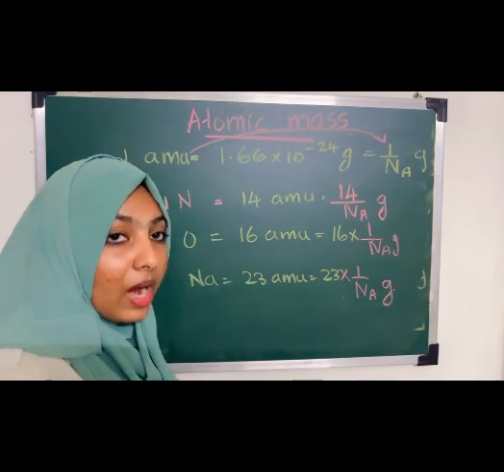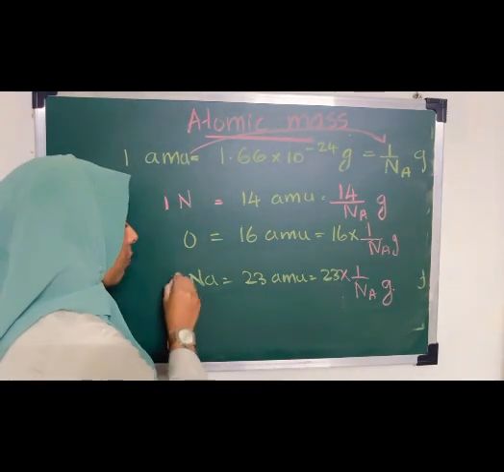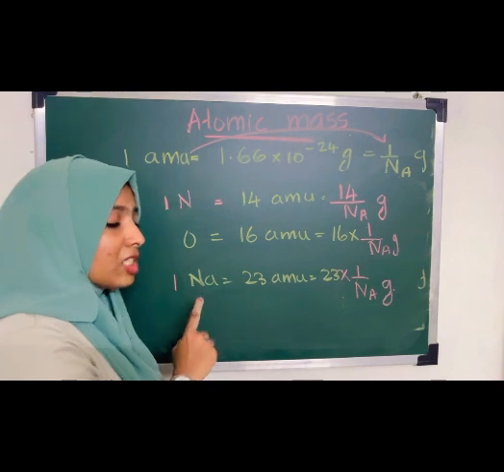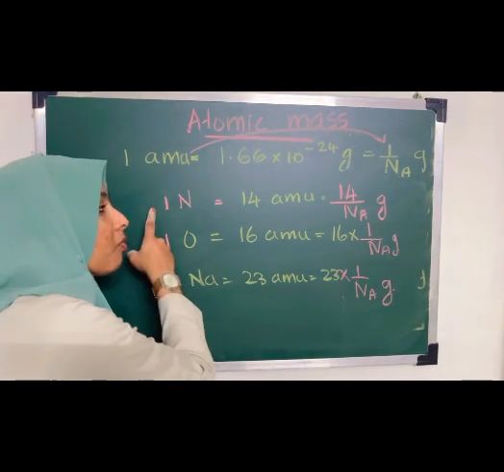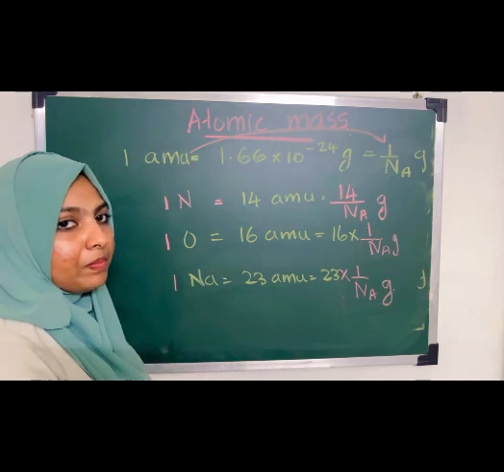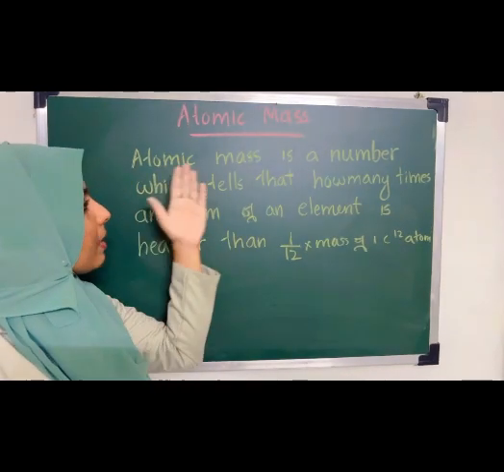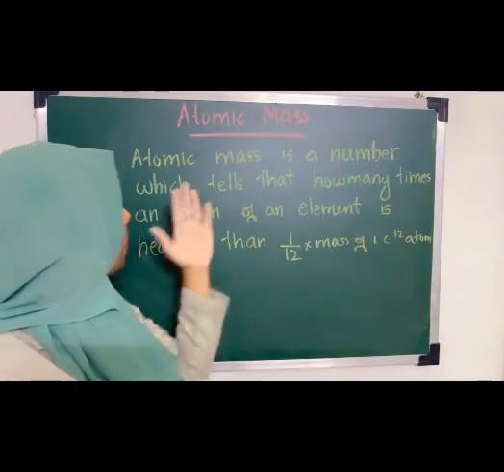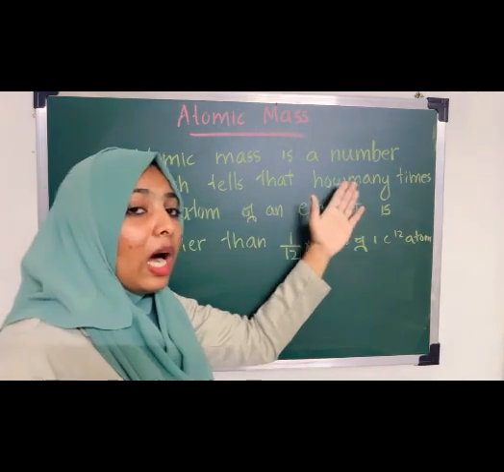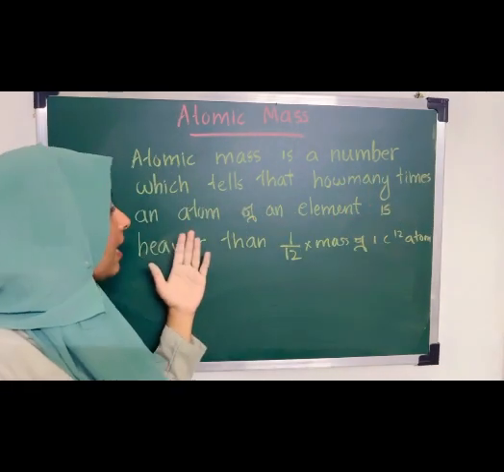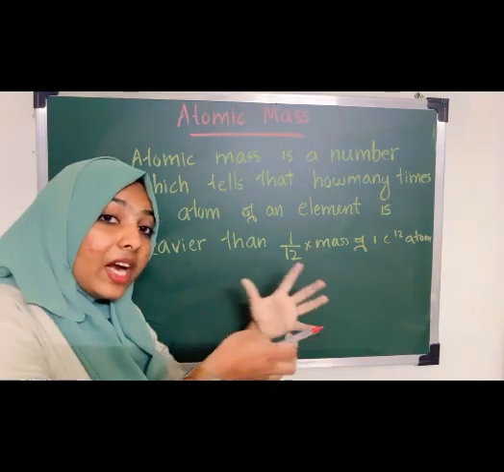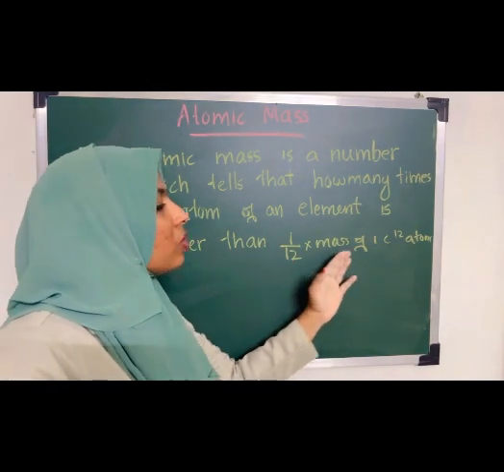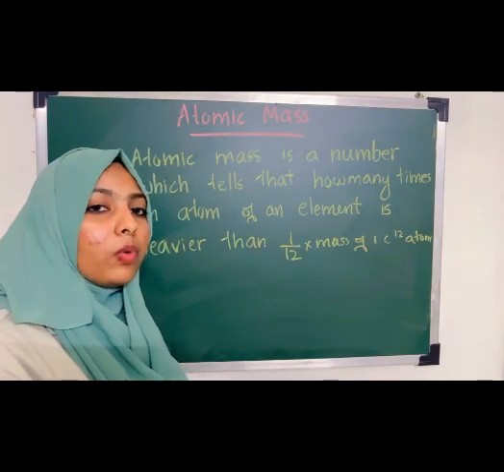So children, always you have to keep in mind, these all are the weight of one single sodium atom, one single oxygen atom, one single nitrogen atom. Finally, atomic mass is a number which tells how many times an atom of an element is heavier than 1 by 12th mass of a carbon-12 atom.